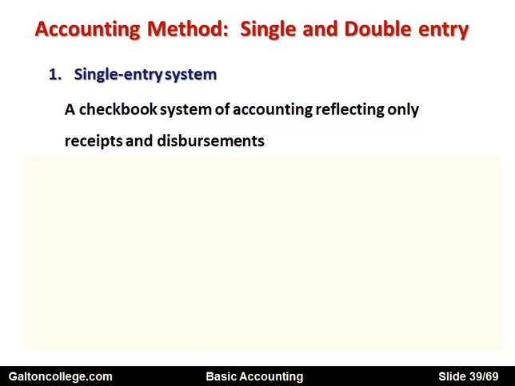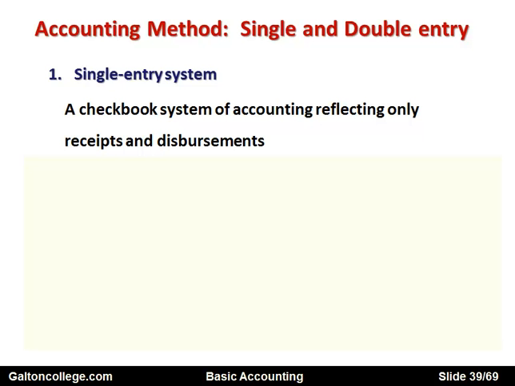So we just enter into the book that we paid so much for raw materials on this day, whatever the date is. That's single entry. It's quite straightforward. It's just a record of what we purchased. So it's raw materials purchased on a certain day, to the value of, and that's it.